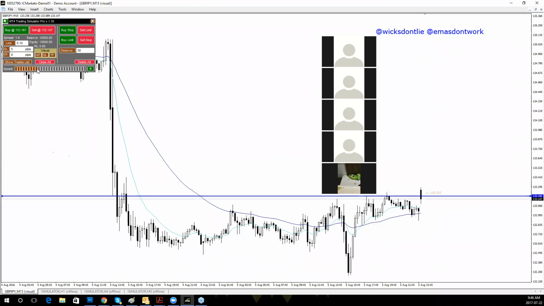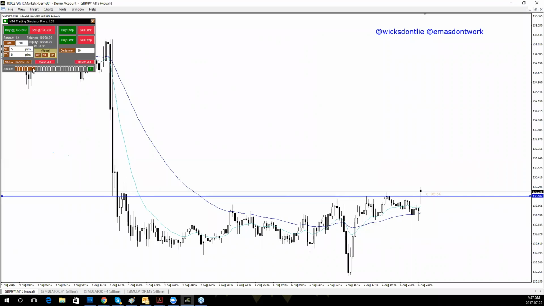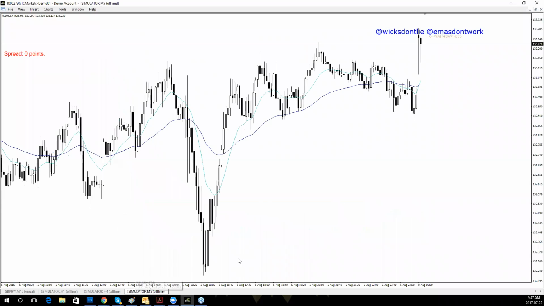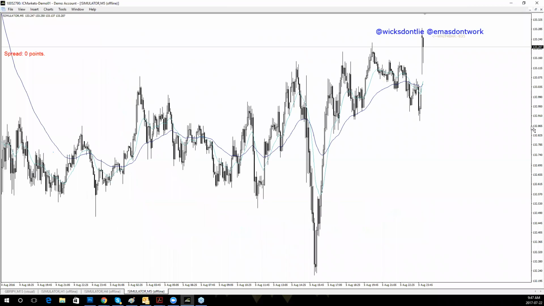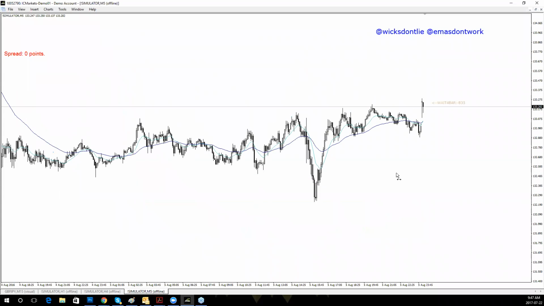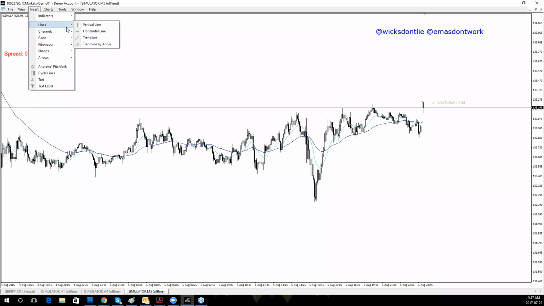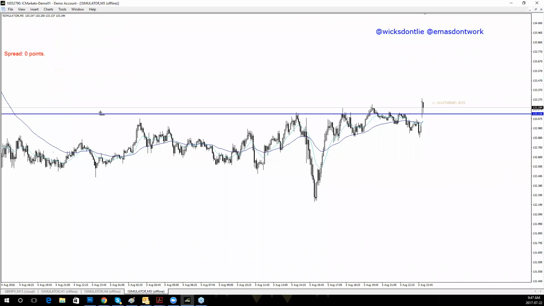Yo, okay. Slow down. All right. Let's go 5 minutes. If this candle doesn't close below the wick of the previous one, I think we're going up.